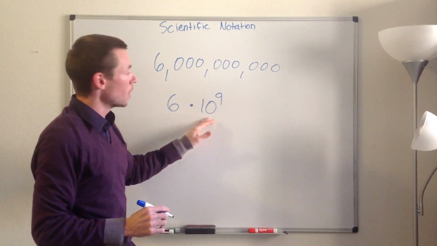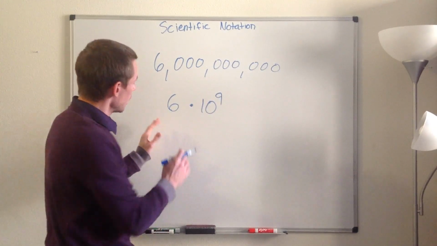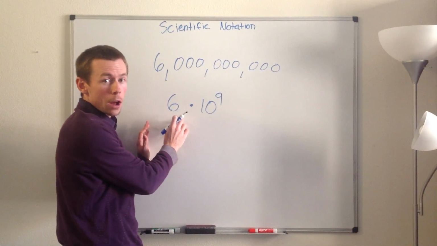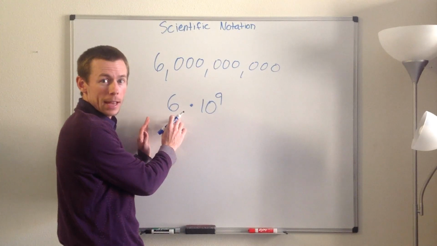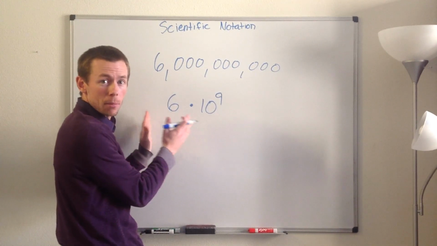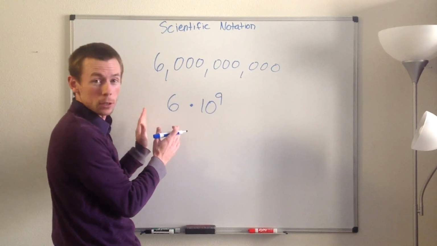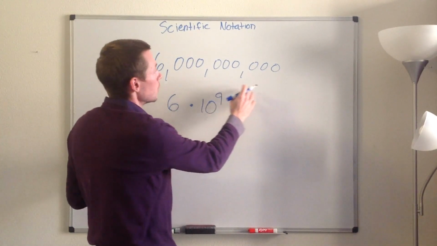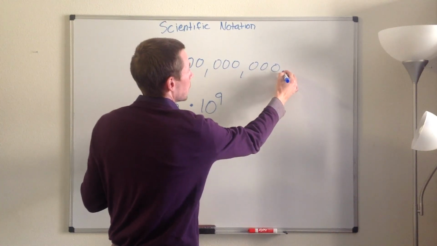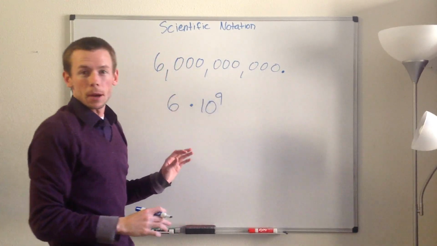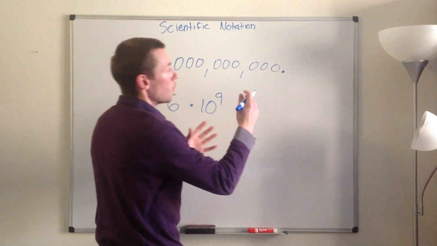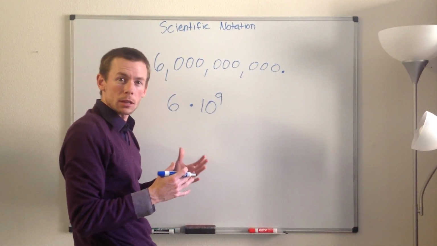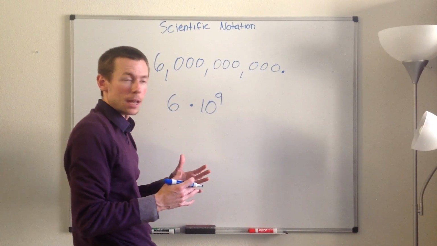So just to review how we get scientific notation, it's a number between 1 and 10 that can include 1 but can't include 10. So 1 counts but 10 does not, somewhere in between that, times 10 to some power. So here, the decimal point would be right here in 6 billion, and what we want to do is move it back as many times as we need to land on a number between 1 and 10.